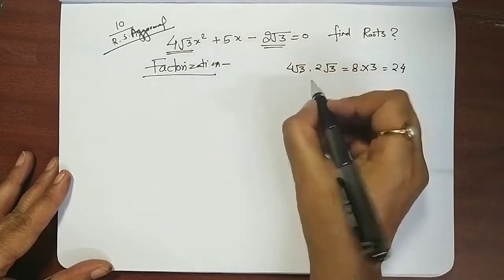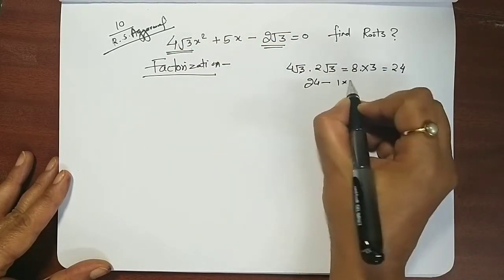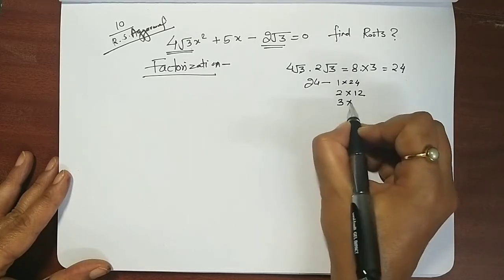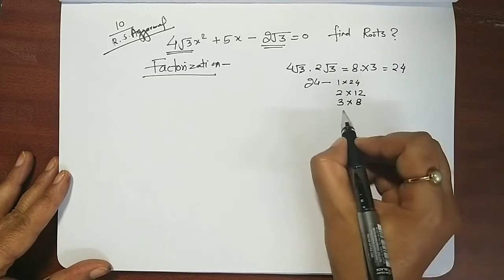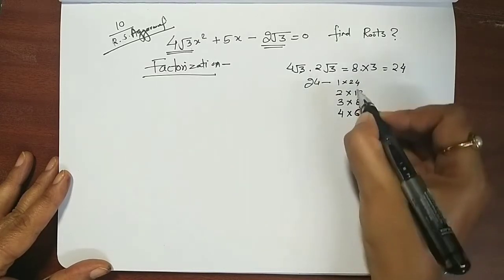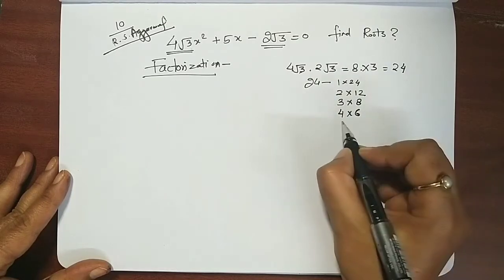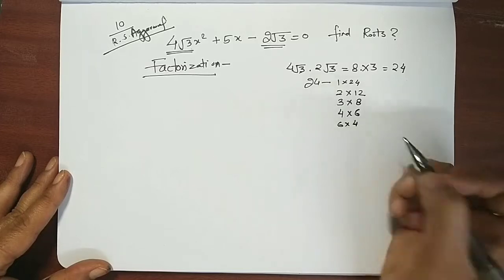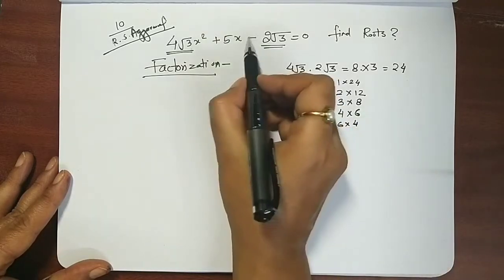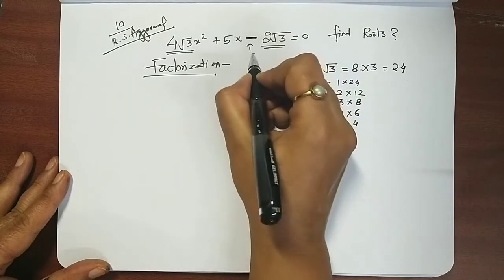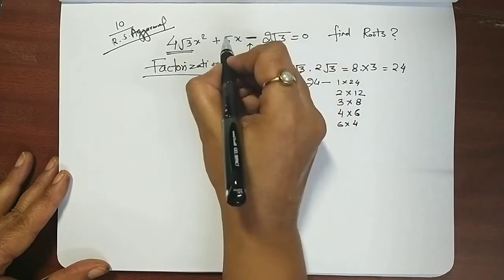So 24 we can factorize like 1 into 24, or 2 into 12, or 3 into 8, or 4 into 6, and so on. It won't go by 5 but it will go by 6. Out of this we have to choose such a way that the subtraction should be equal to 5.